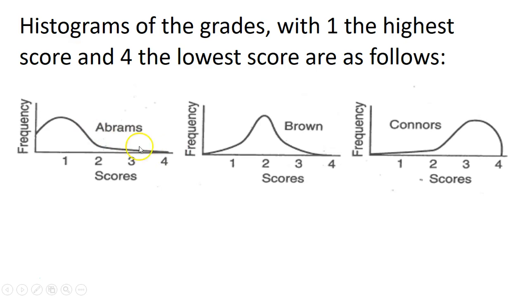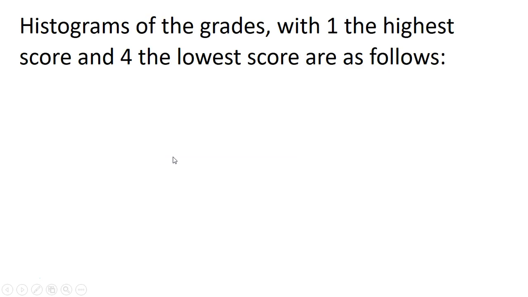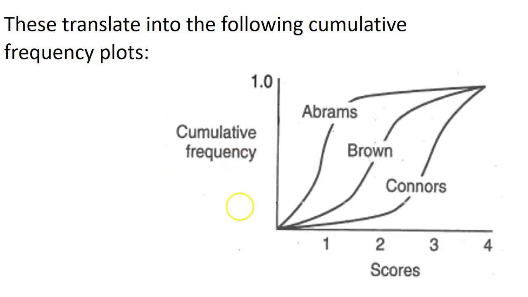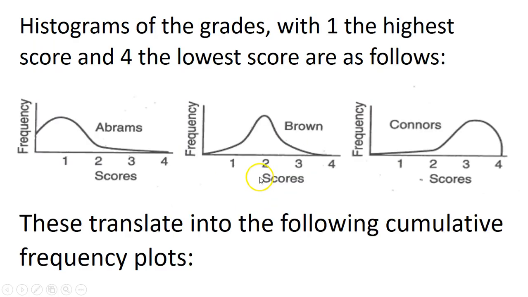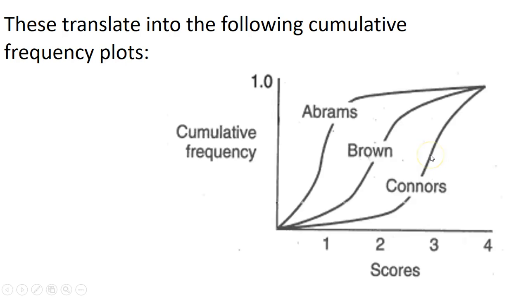Skewed to the right is thinner at the right, and if it's skewed to the right, it jumps up right away. If it is skewed to the left, it's slower and then steep. So the idea was just to show you how they compare to one another.